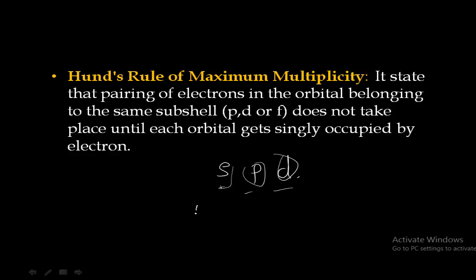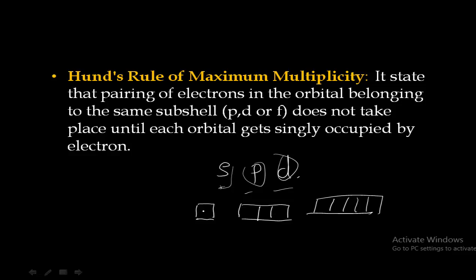In an s subshell, there is only one orbital, in a p subshell there are three orbitals, and in a d subshell there are totally 5 orbitals. And in an s subshell, remember each orbital will occupy 2 electrons.